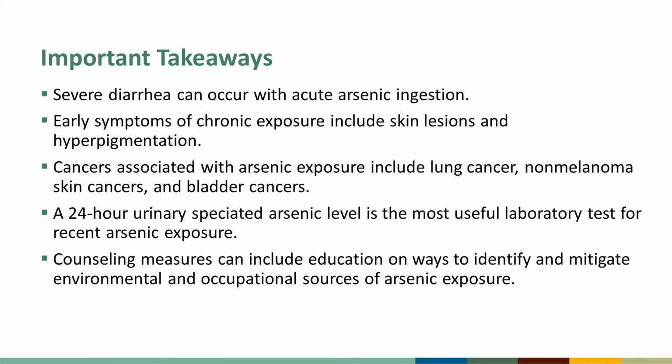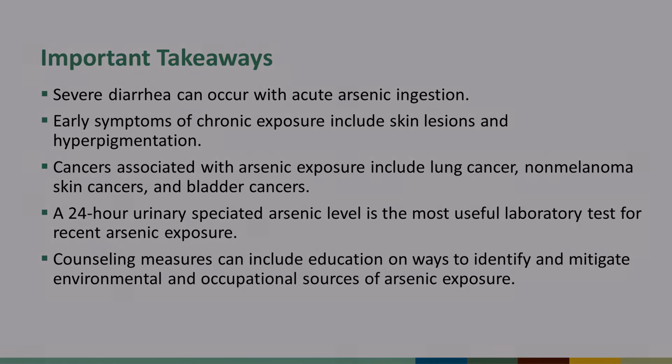Cancers associated with arsenic exposure include lung cancer, non-melanoma skin cancers, and bladder cancers. A 24-hour urinary speciated arsenic level is the most useful laboratory test for recent arsenic exposure. Finally, counseling measures can include patient education on ways to identify and mitigate environmental and occupational sources of chronic arsenic exposure.